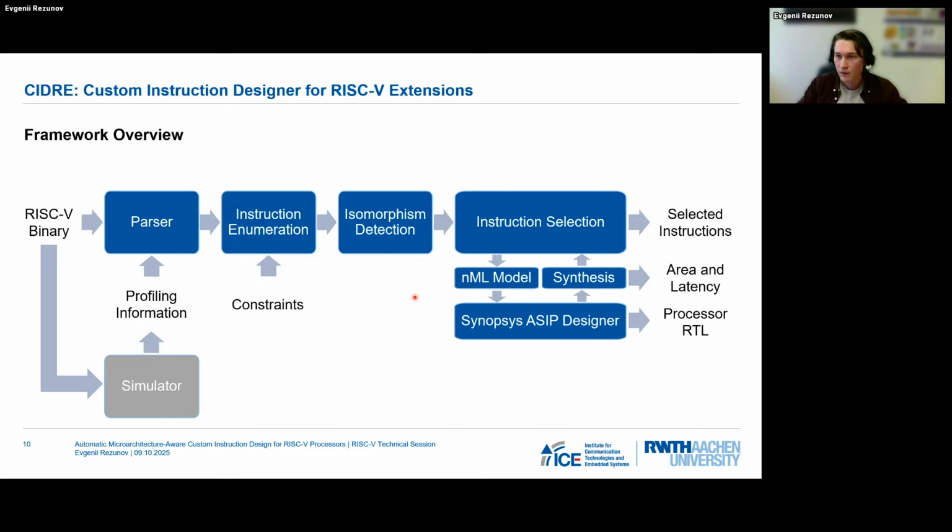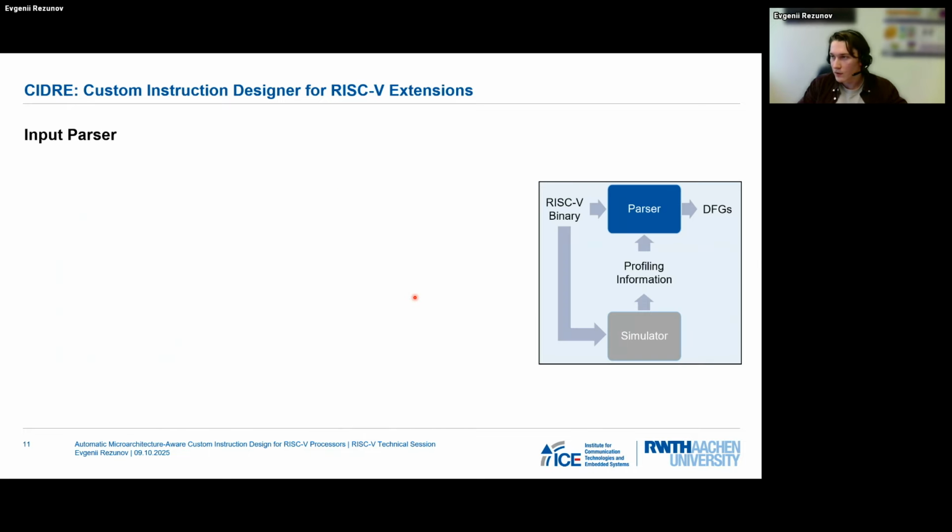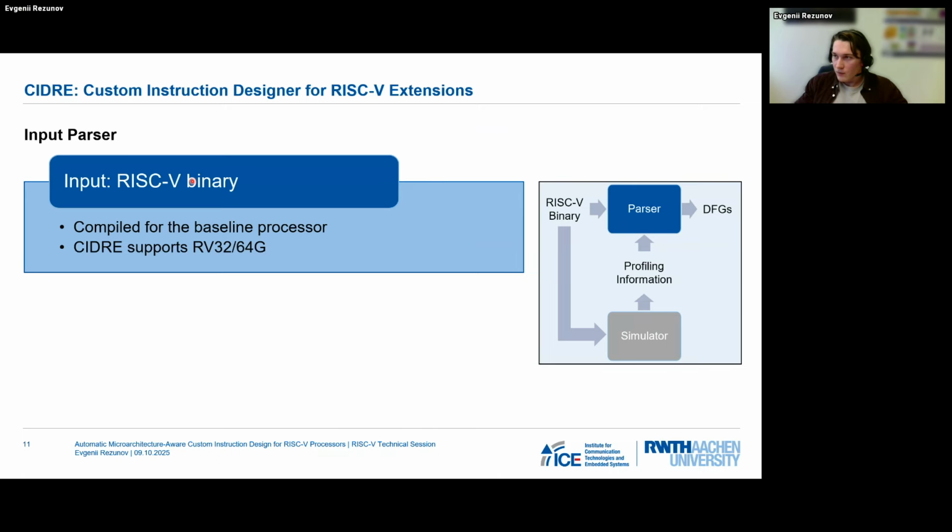So let's begin with the inputs and the parser. As I already mentioned, the first input is our RISC-V binary for the baseline processor. Our tool supports 32 and 64-bit RISC-V with some general purpose extensions.